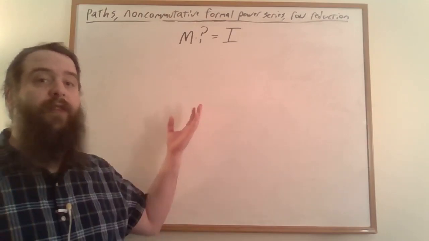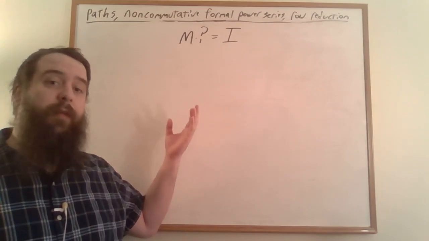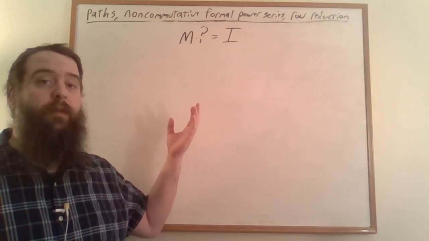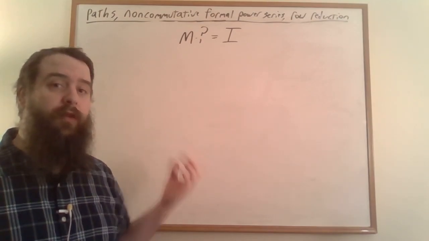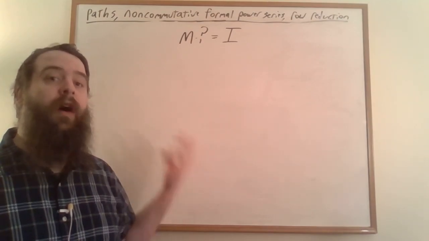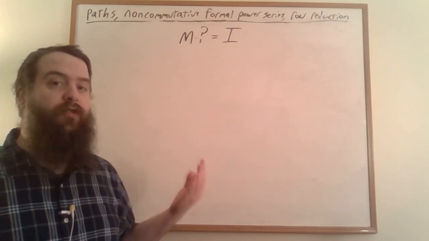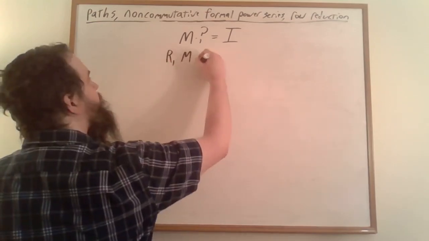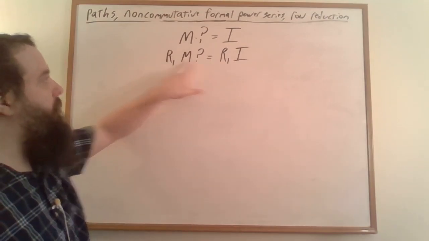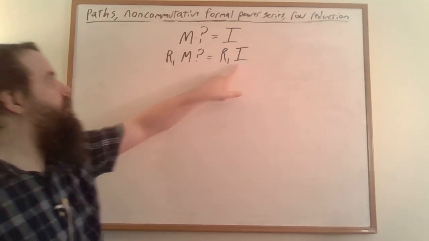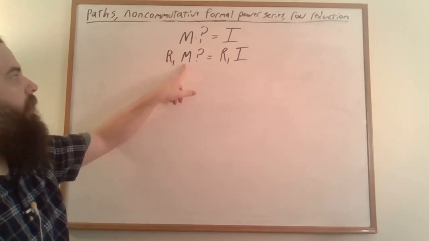So in order to solve this equation here, we're going to want to apply row reduction operations to both sides of the equation. In particular, we're going to want to multiply both sides of the equation on the left by row reduction operation matrices. We're applying our row reduction operations to both M and the identity matrix, and in particular we're multiplying on the left.